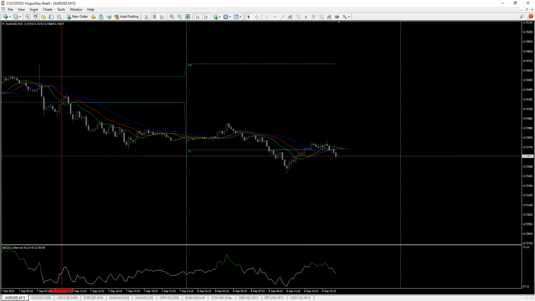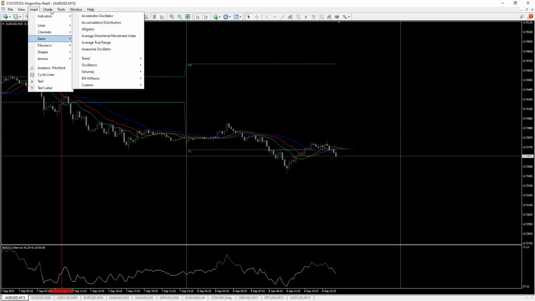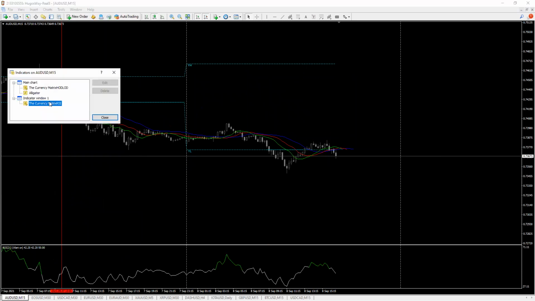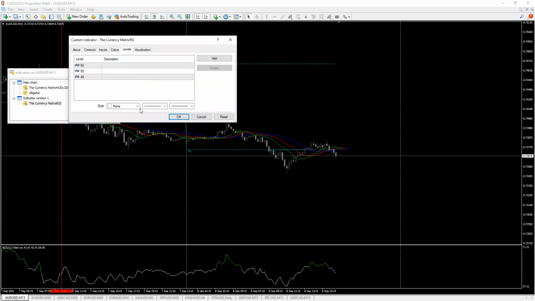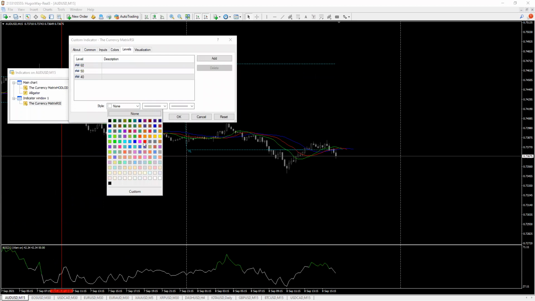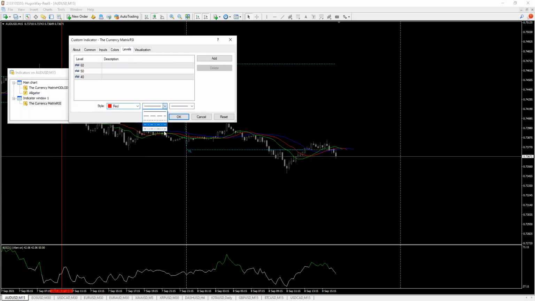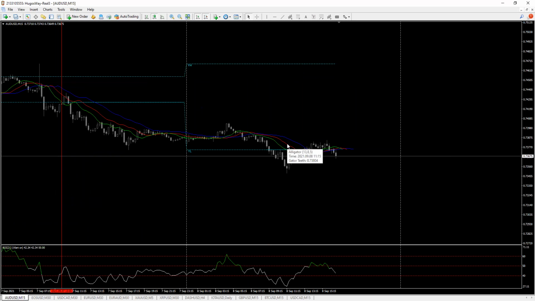See, now look at this particular viewpoint of it. Look at the RSI and the Bill Williams. That cross is coming here.